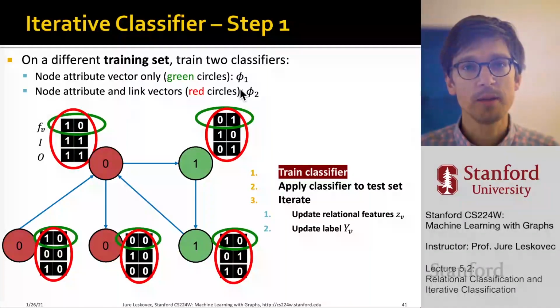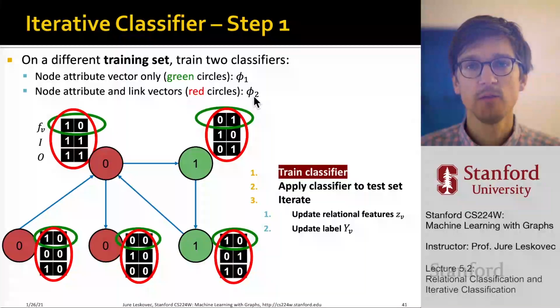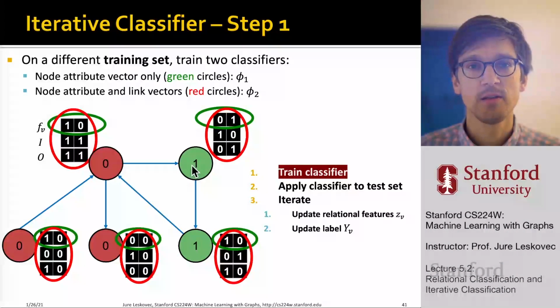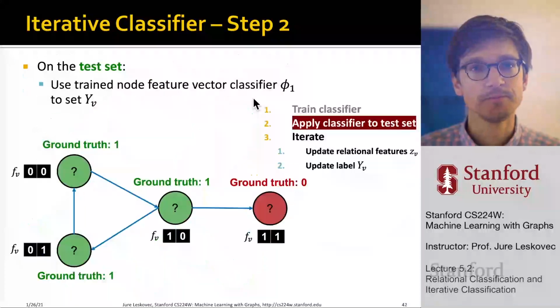So you are basically training the classifier phi2 that uses both the feature information as well as the label summary information about what the neighbors of a node of interest think about their own labels. And this now gives me the classifier phi2.